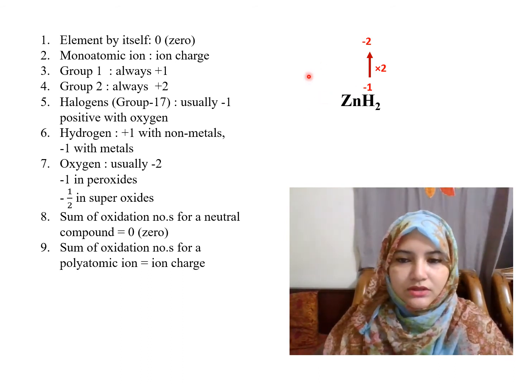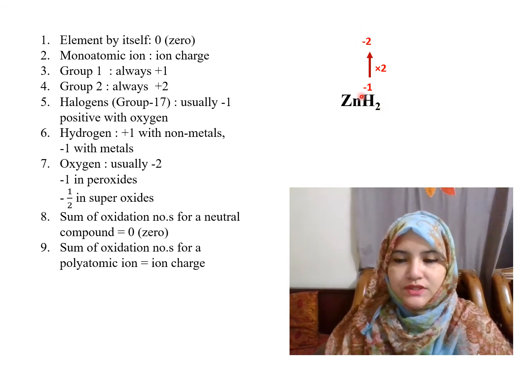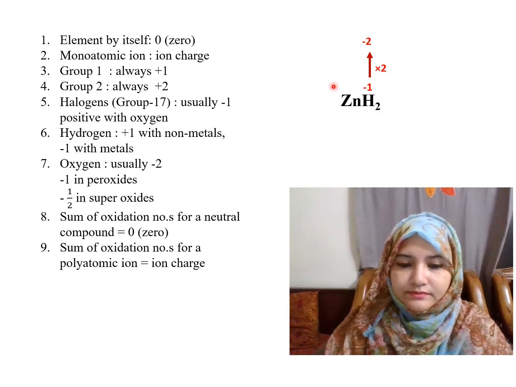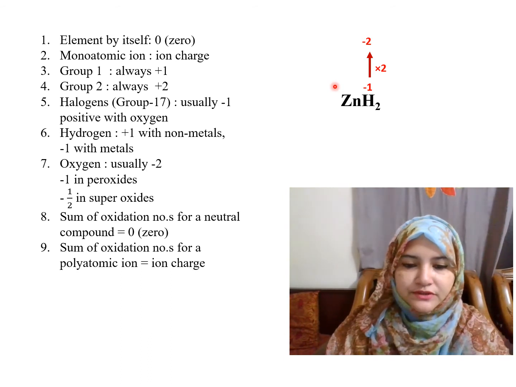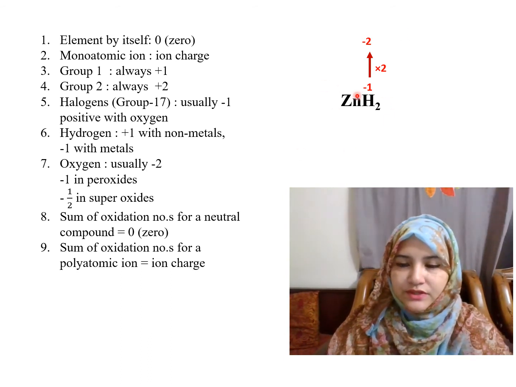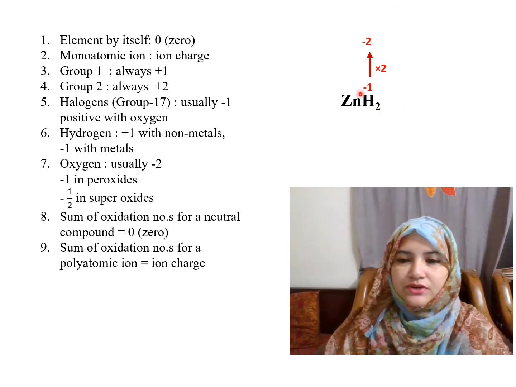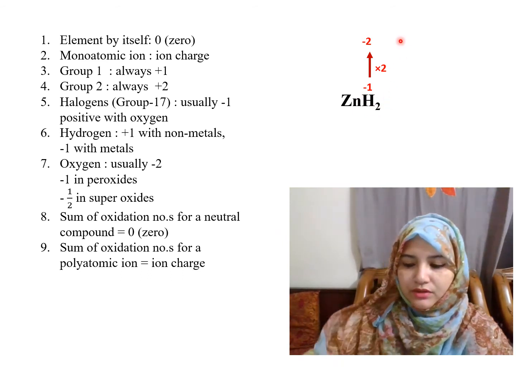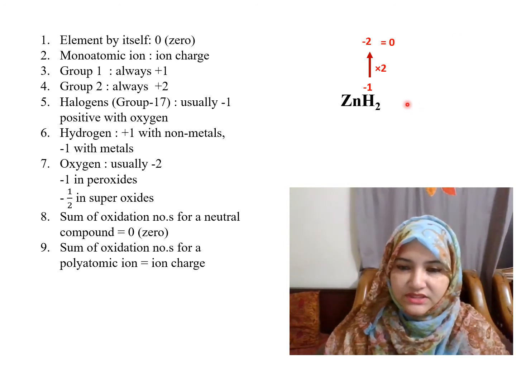This is the oxidation state of these 2 hydrogens. Also, zinc hydride is a neutral compound, and that's why the sum of the oxidation numbers for a neutral compound will be 0. We put 0 here.